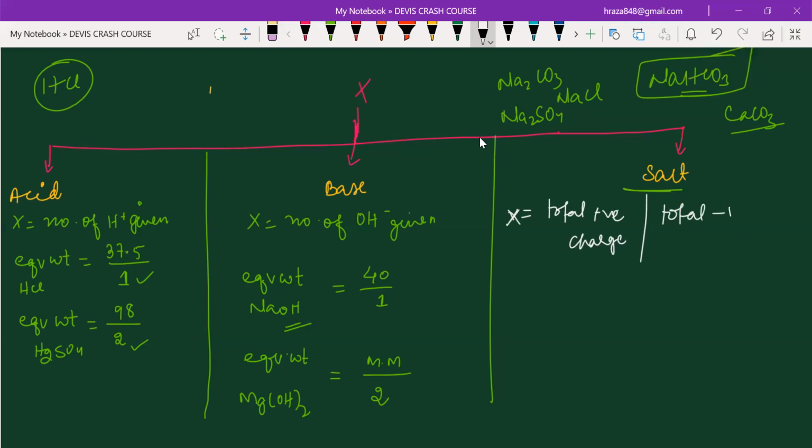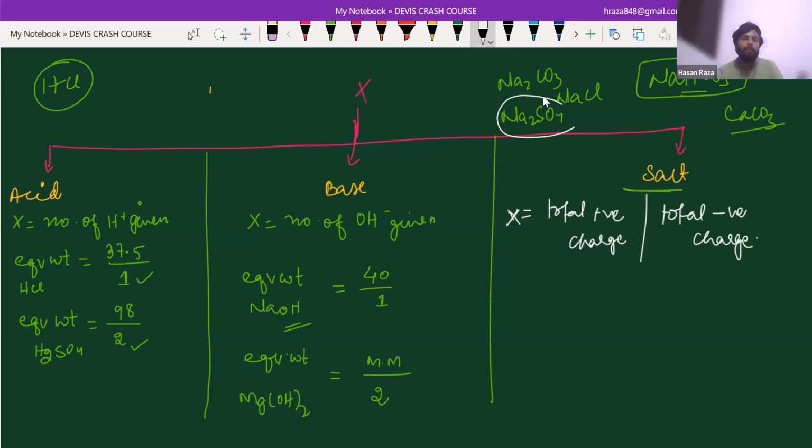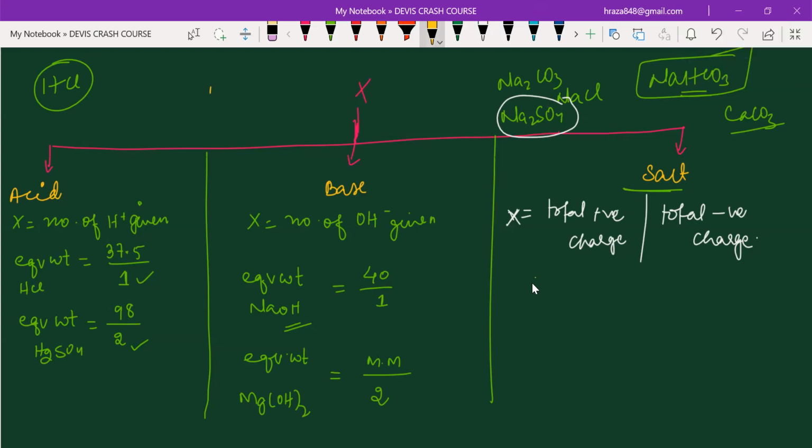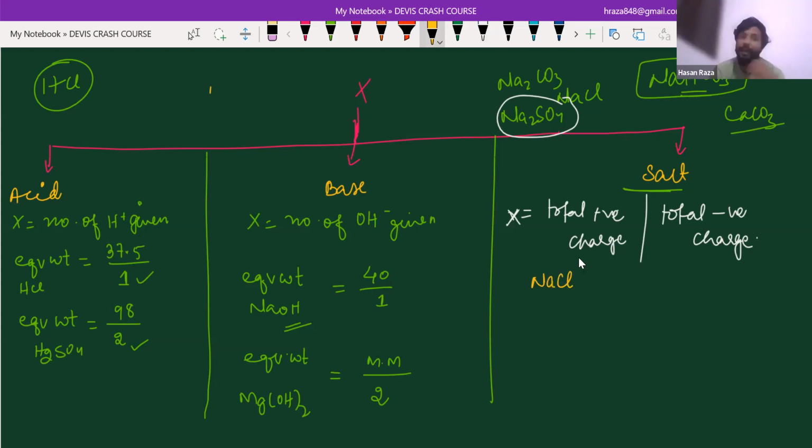Since this is a neutral compound, the total positive charge will always be equal to the total negative charge. And we only deal with magnitude, not sign. Just take an example like NaCl. If you dissociate it, only then can you see the charge.